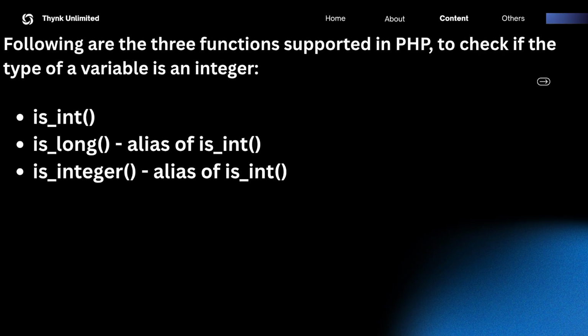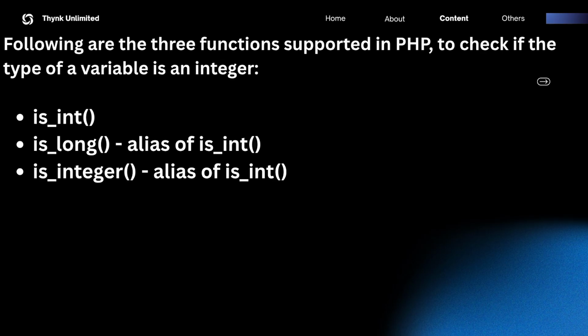These functions are especially helpful when validating user input or working with data from external sources like databases or forms. For example, before performing arithmetic operations or storing values in numeric fields, you can check that the variable is indeed an integer. This helps prevent unexpected type errors or calculation issues in your program.